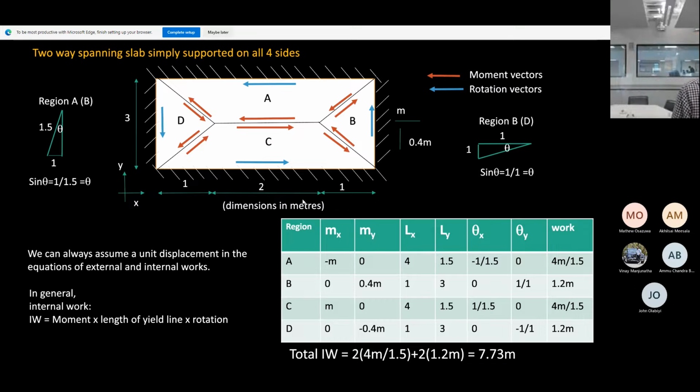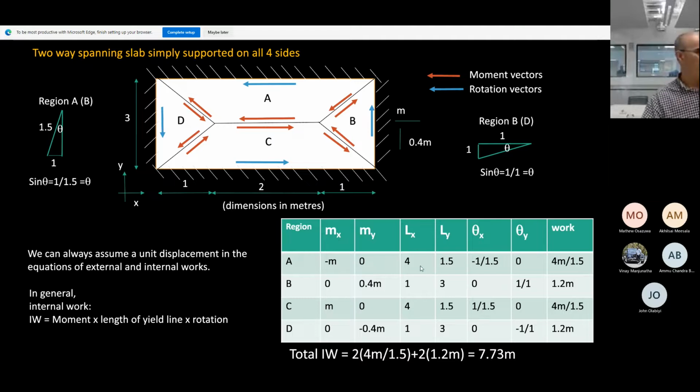That's why we need the vectors, because now we're projecting on the x and the y-axis. You do the same for the yield line. Can you see the yield line for region A? When you project the whole yield line on the x-axis, what does it give you? 1 plus 1 plus 2, which is 4.